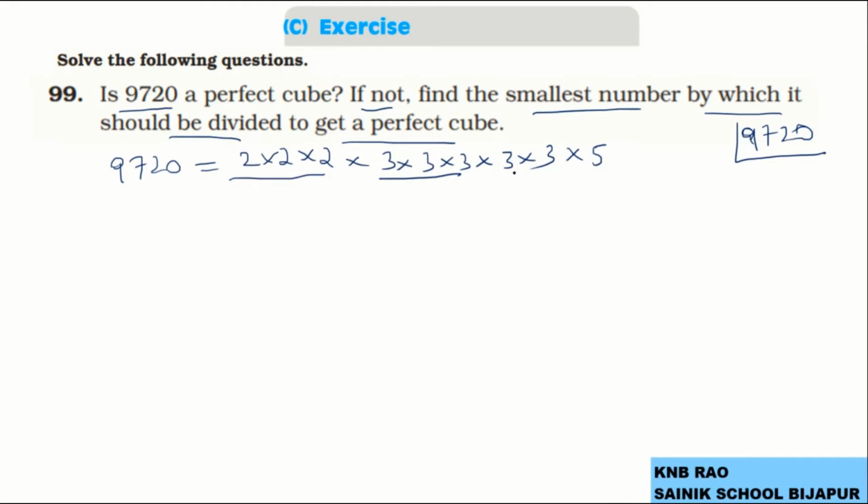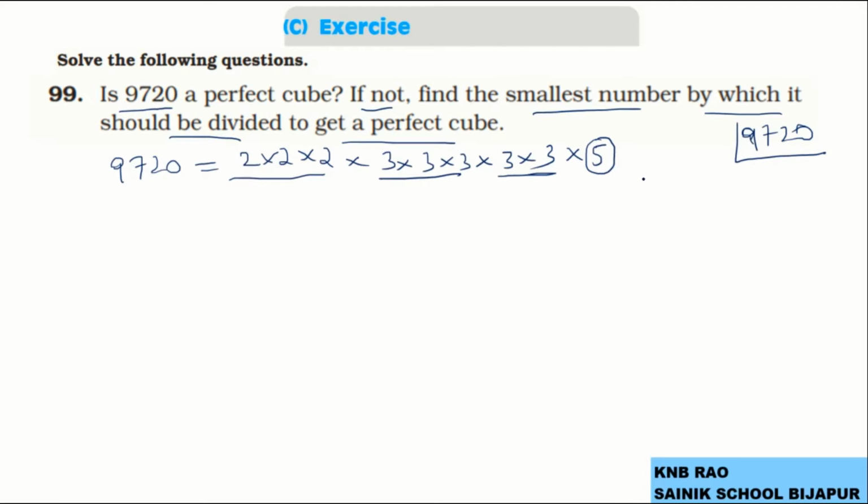Now here, the prime factor 3 is there in a group of 3's, but it is there for only 2 times multiplied, so we need one more 3 to be in that group of 3's, that is into triplets. Whereas prime factor 5 is only there once in the prime factorization, we need 2 more times to make it into the triplet form.